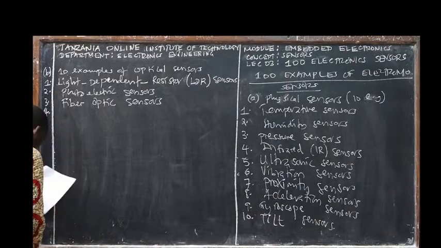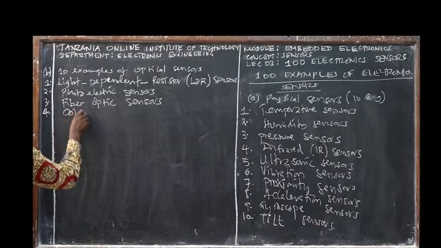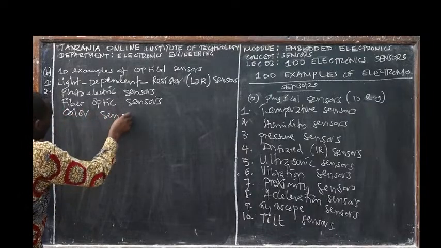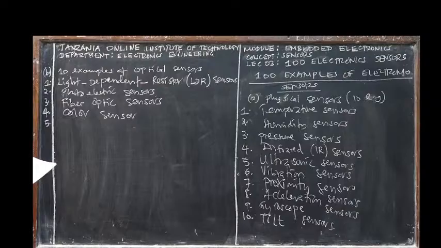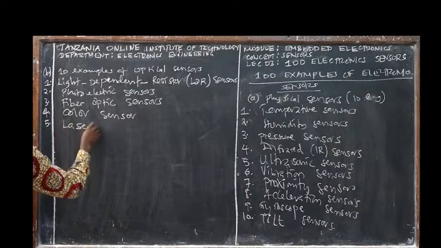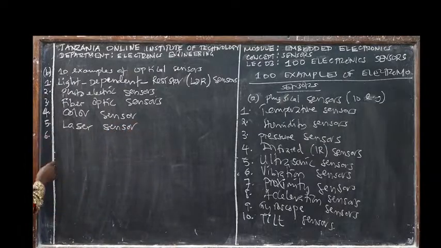Then the next example of optical sensor is called the color sensor. Say color sensor. Sensor ambayo yenyewe inahisi rangi. Then the next example is called the laser sensor. Say laser sensor. Laser pia ndio inakuwa inatumika katika optics.